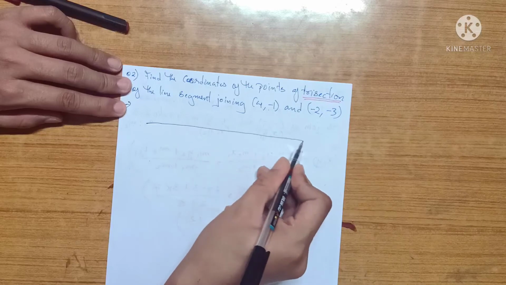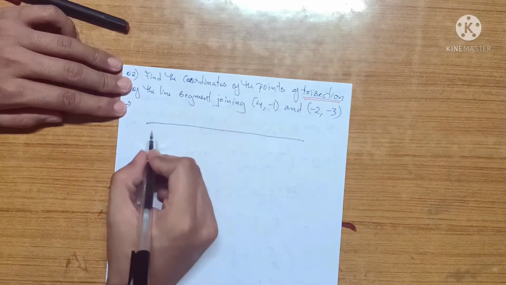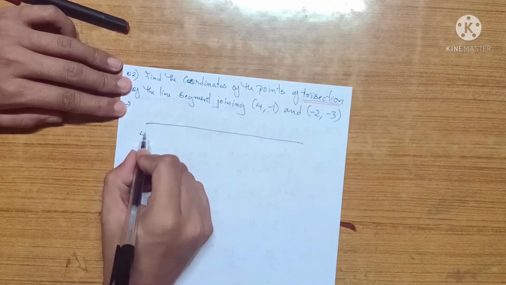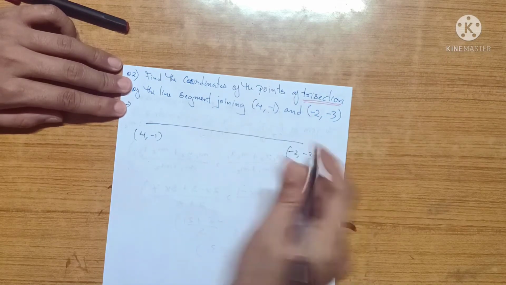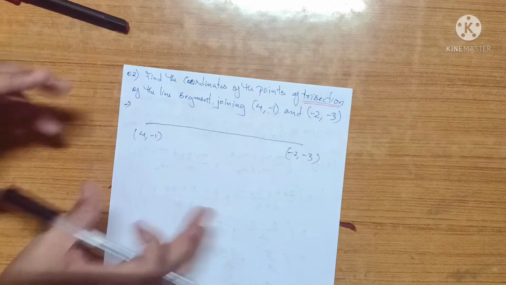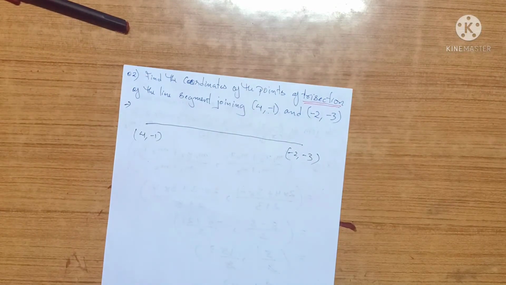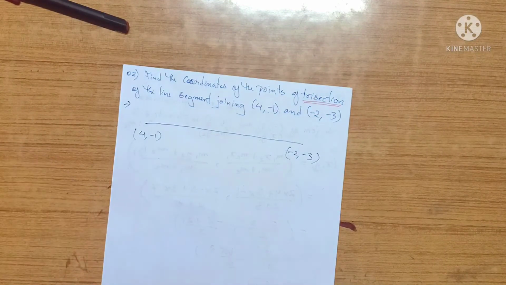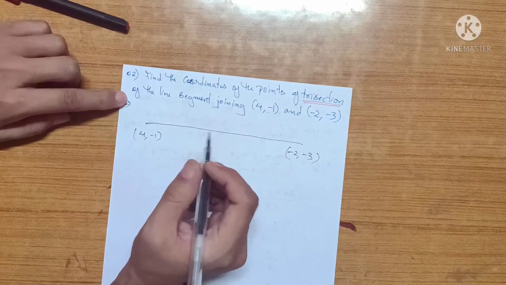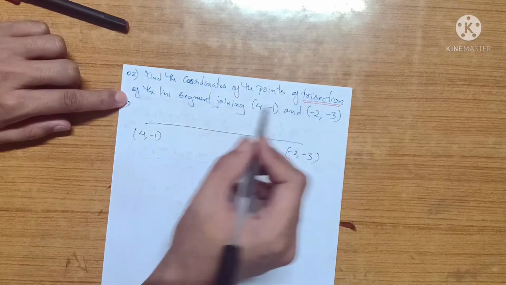Let's consider 2 points, (4, -1) and (-2, -3). I'm just drawing like this. If you plot this in the Cartesian plane, obviously (4, -1) would be somewhere at the bottom, and (-2, -3) would be on this side. Anyway, it's divided into trisection.